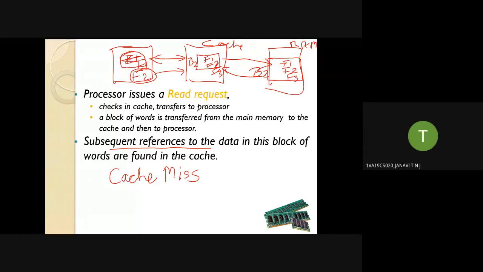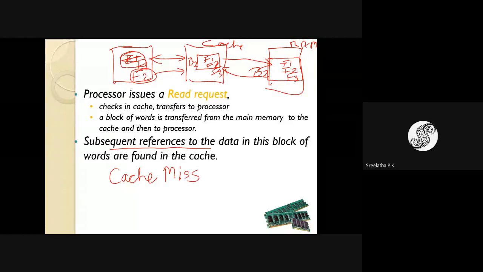Main memory, ma'am. Okay, only that instruction is accessed, or a block of instructions? The complete block of instructions is accessed to the cache memory.